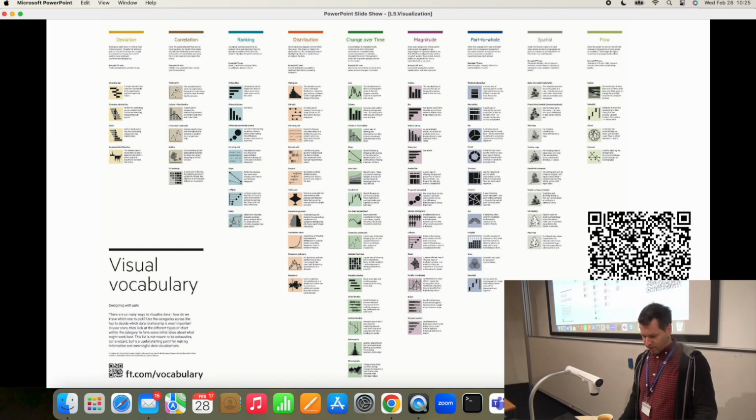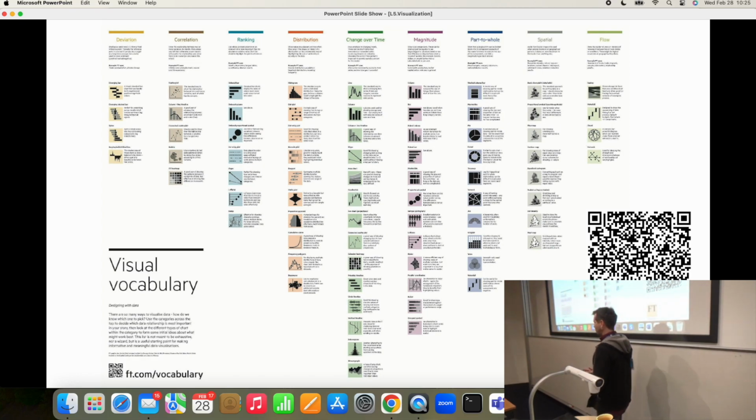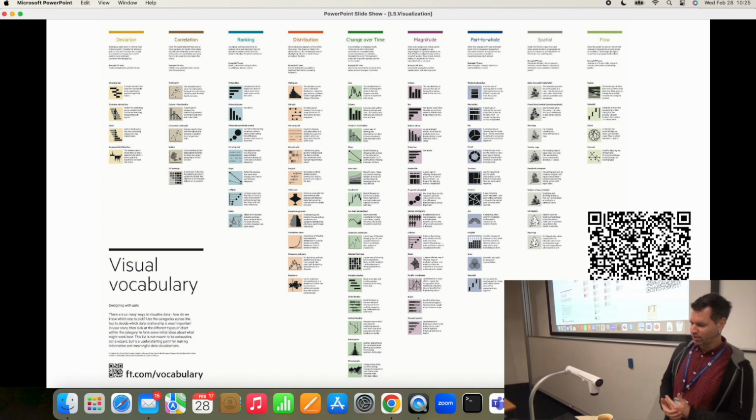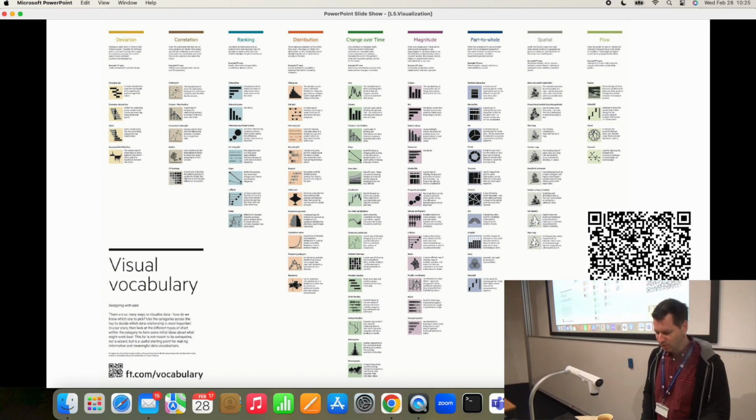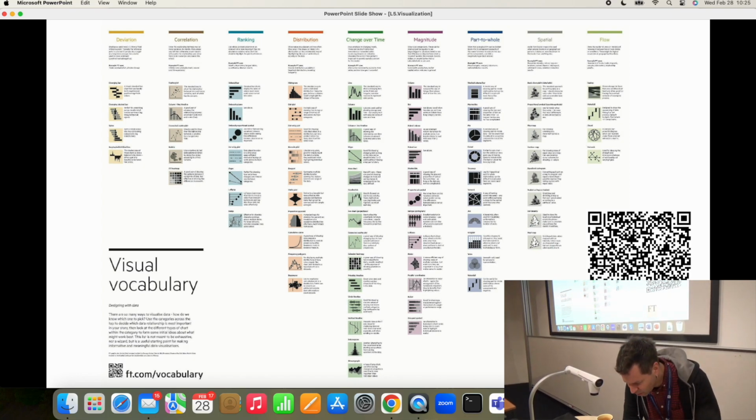And this is too small to read, but there are lots of resources. So if you're trying to make decisions about how to represent data and what chart to use and when to use them, there are resources that you can use to look these things up. There's a category here called derivation. So if you're trying to show or convey derivation, then you could use these charts.